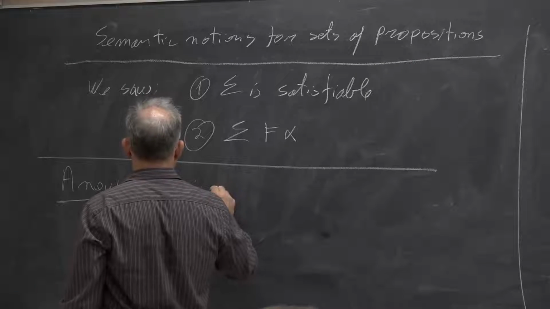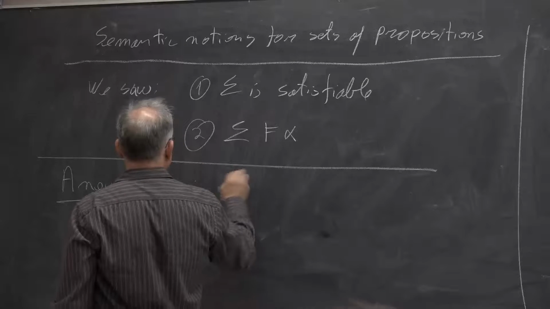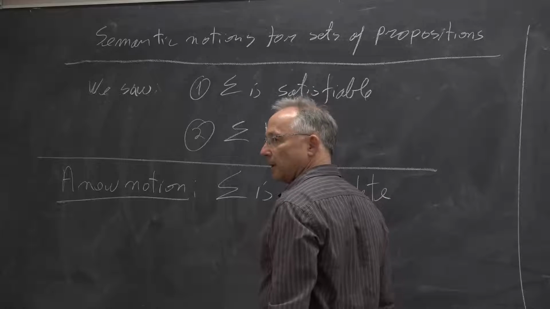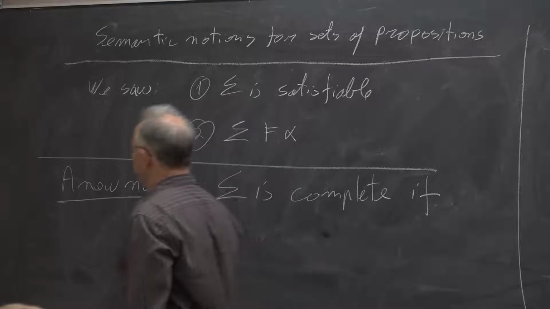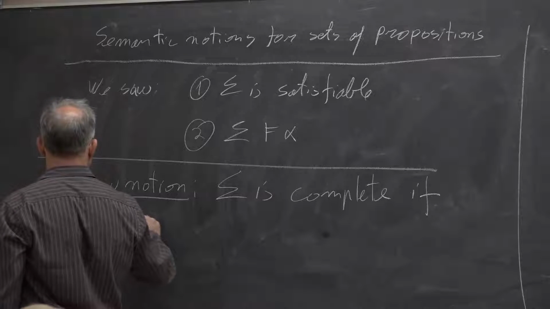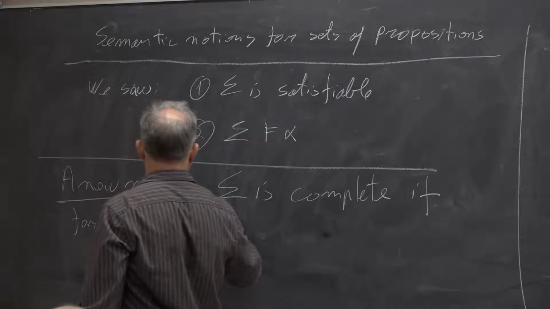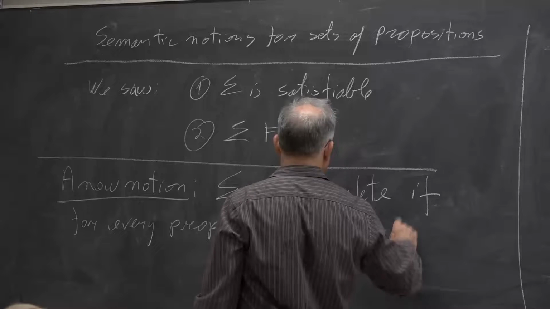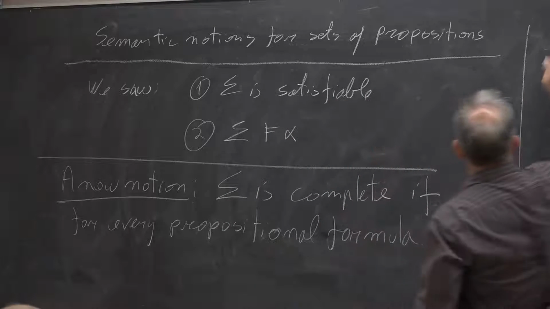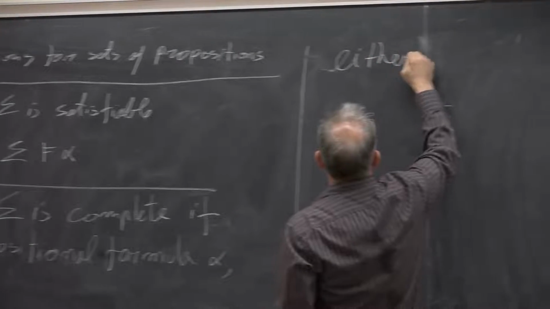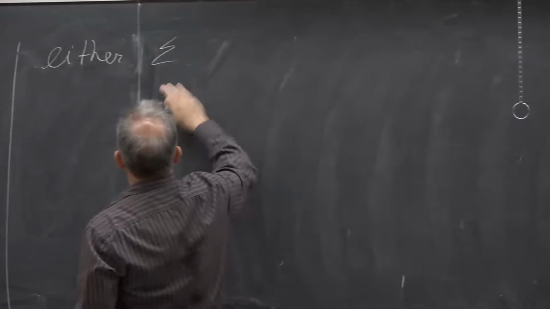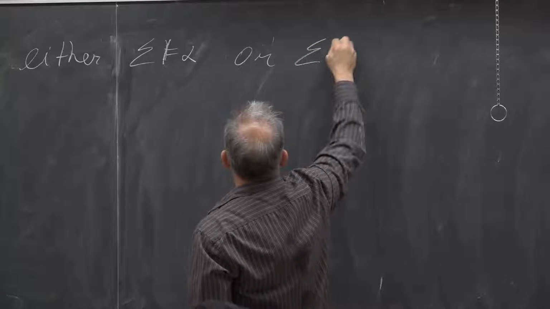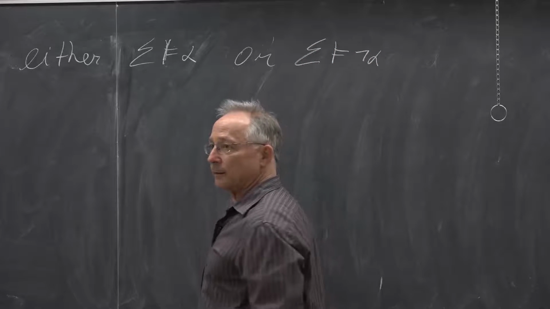We will say that sigma is complete if for every propositional formula alpha, either sigma logically implies alpha, or sigma logically implies the negation of alpha.